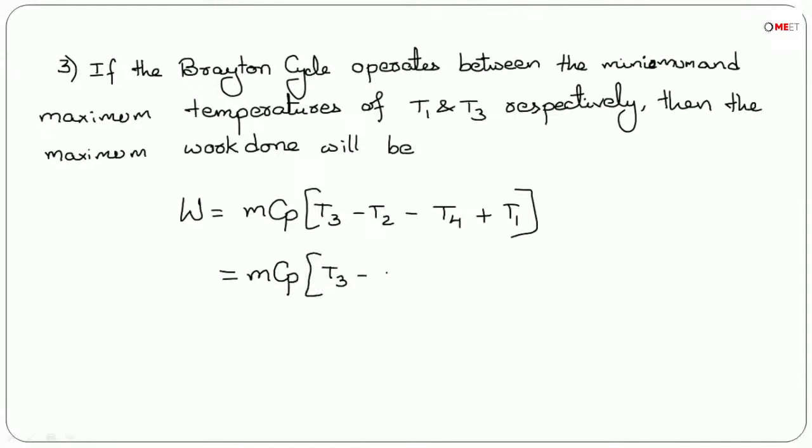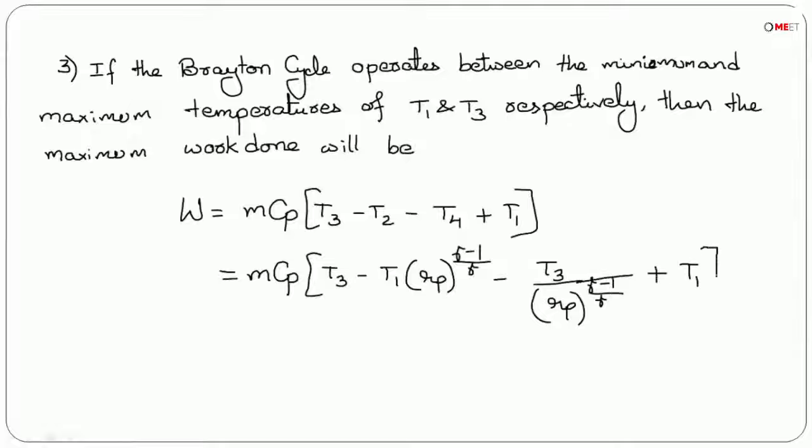So we need to write T3 minus T1 into Rp to the power gamma minus 1 by gamma minus T4 can be written as T3 by Rp to the power gamma minus 1 by gamma plus T1.